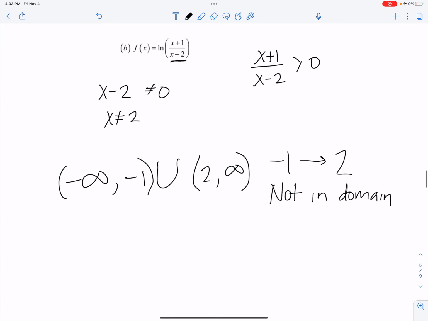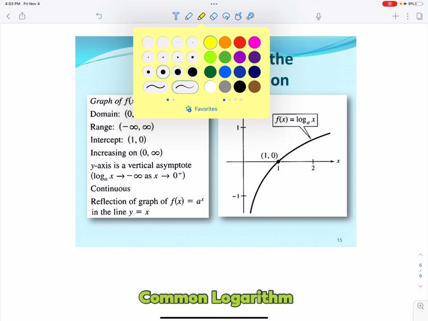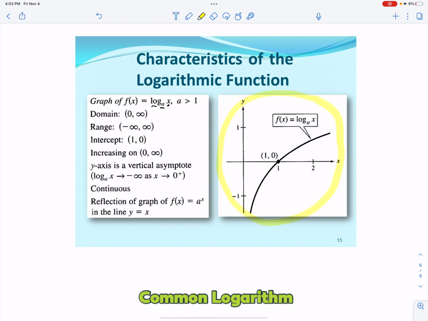Let's continue. Some characteristics of our log function. So, of course, it is represented as log with a base of a of x, and a has to be greater than 1. Over here is what our function looks like. You can see that it's the inverse of our exponential.